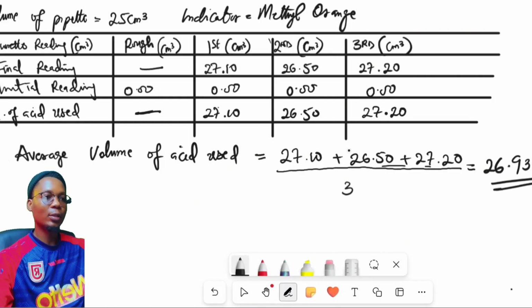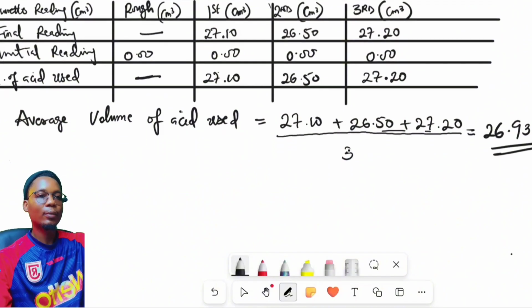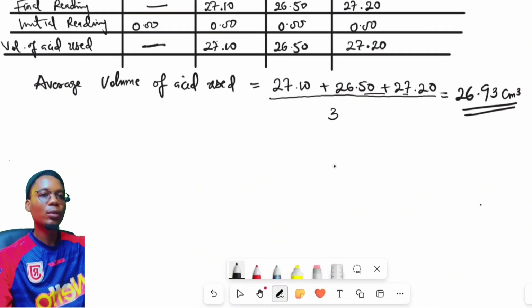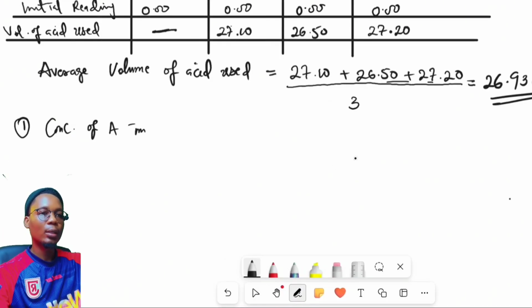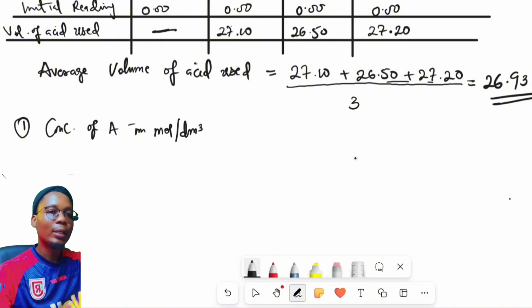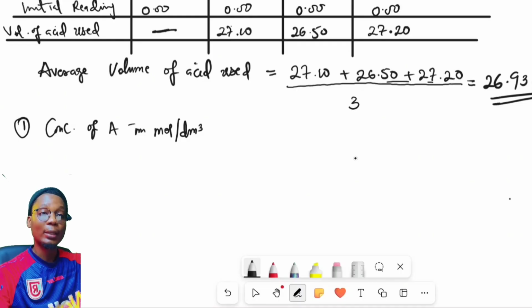Remember, the first question says we should find the concentration of A in mole per dm cubed. But remember, in the question, they give us the mass of A instead of the concentration in mole per dm cubed.